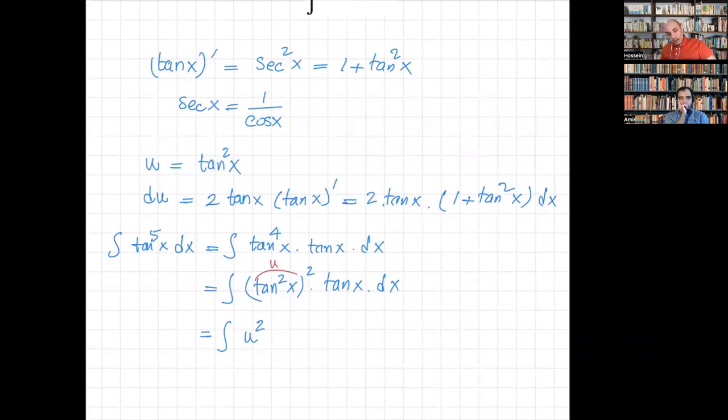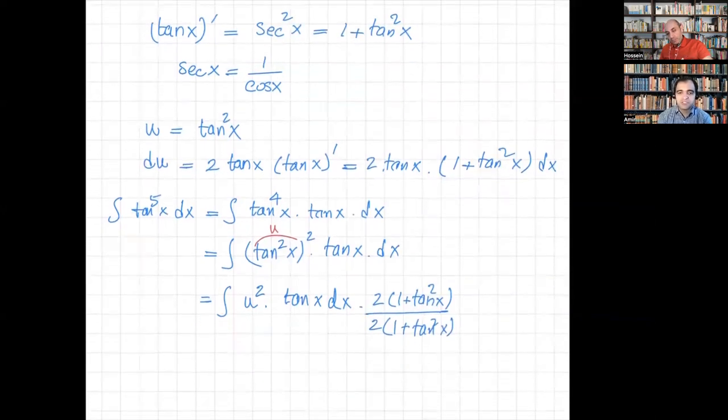Because I don't have du, I'm going to compare this with the du that I have up here. What I need to do is multiply this by 2 times 1 plus tangent squared of x divided by the same thing, 1 plus tangent squared of x, because you need to establish du.